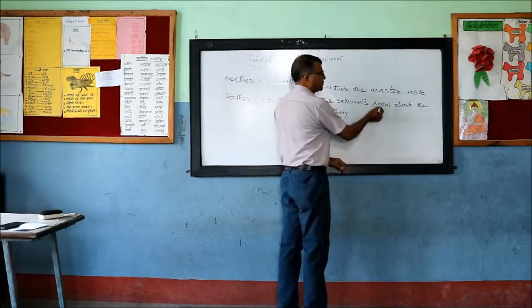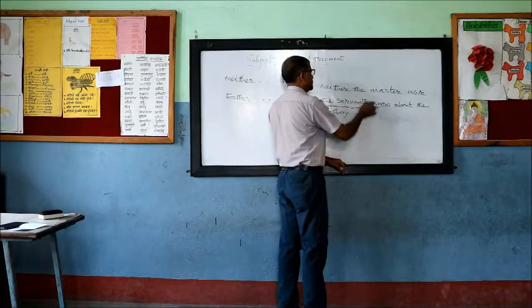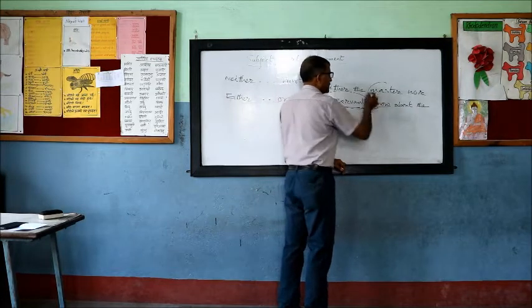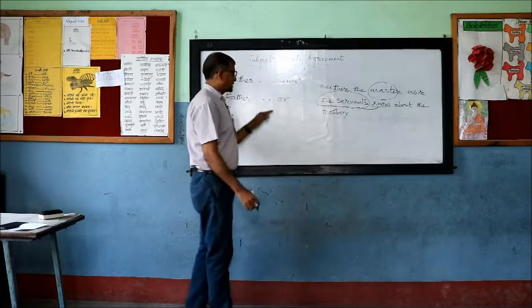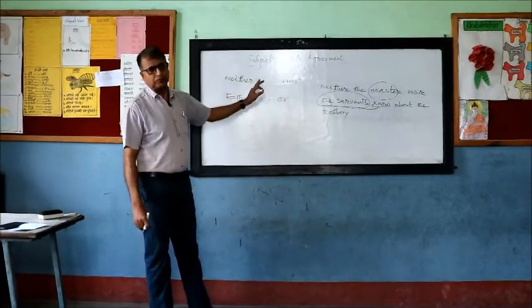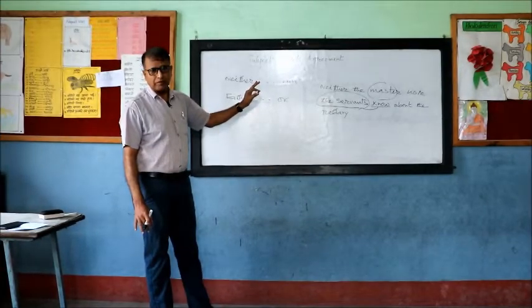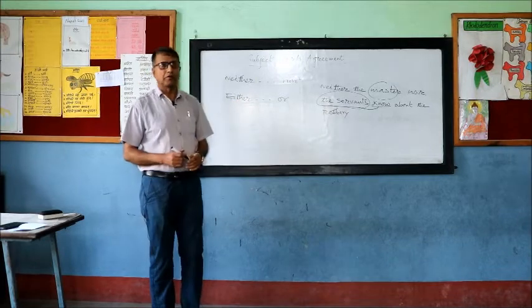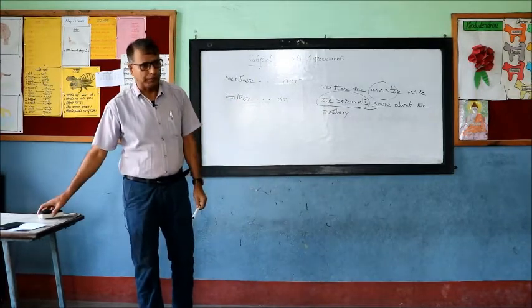So, know is the verb here, and know should agree to its nearest subject. That means with servants, not with the master. So, it is same in case of either or also. Is it clear? If you have not followed, please let me know that you have not followed.